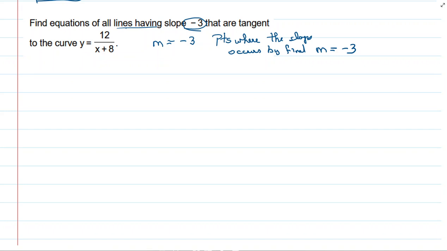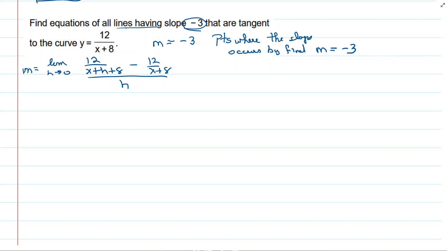Let's find out. So we're going to first, and we don't know a point to check, so we're going to find our points. So m equals the limit as h approaches 0 for 12 over x plus h plus 8 minus 12 over x plus 8 all over h.